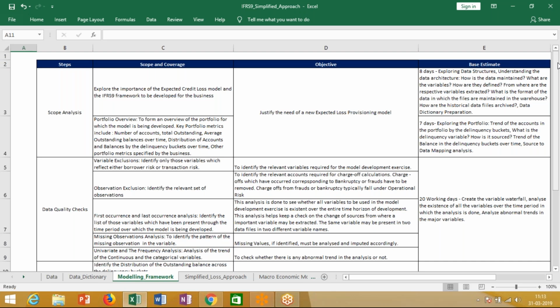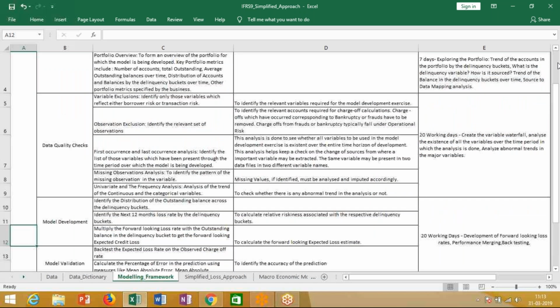Here, the variable exclusions and first occurrence, last occurrence analysis would not hold, given that you just have receivables data over here, right? Now from here, the next question is model development and then model validation.